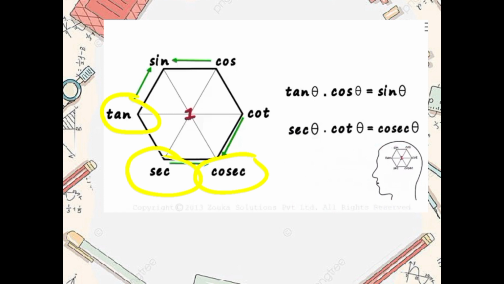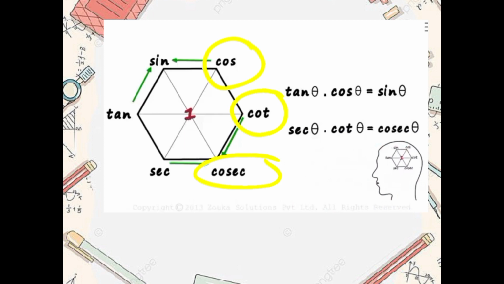And cos theta multiplied by cosec theta will give us cot theta. So in short, the first term multiplied by the third term will give us the term in between them.